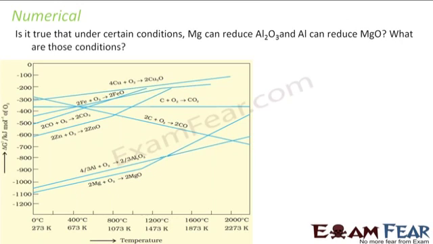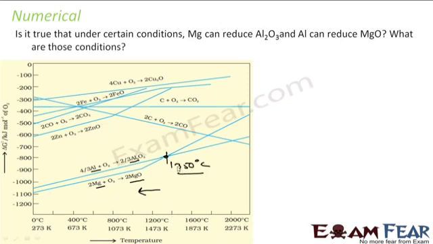So the question is, is it true that under certain conditions Mg can reduce Al2O3 and Al can reduce MgO? Yes, correct. If you see this line for aluminum oxidation, and this is for Mg oxidation, these reactions merge at this point, which is almost 1350 degrees Celsius.